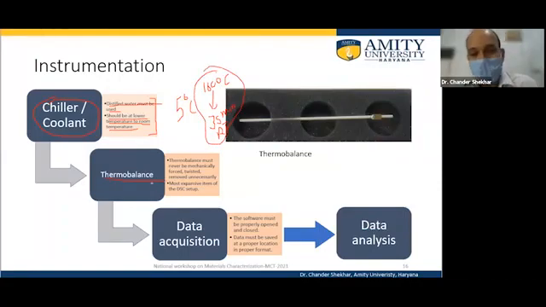And then the thermobalance. What you see on the right here is the thermobalance. This is like 6 to 7 centimeters long, so this is not very long. We'll see during the demonstration today how long it is. This is a very delicate instrument.